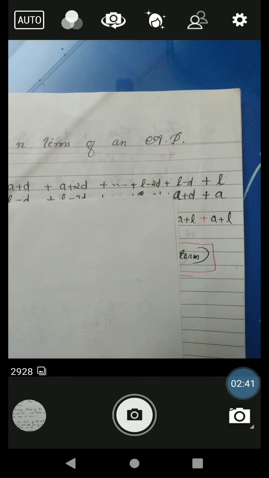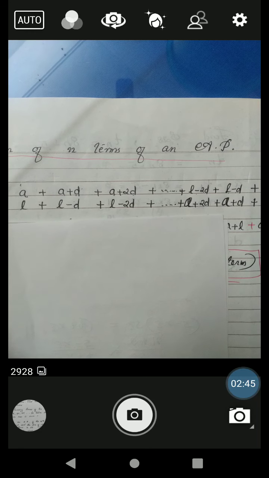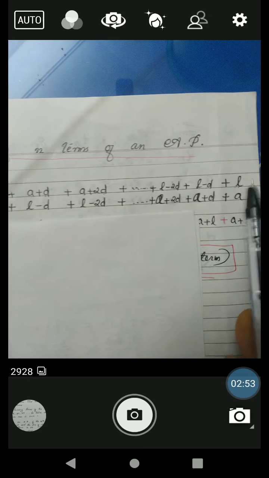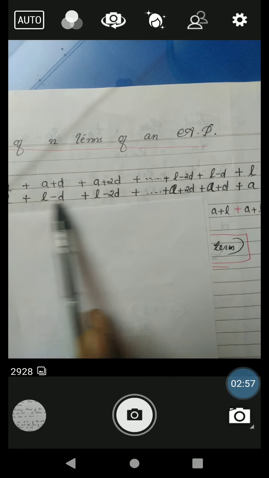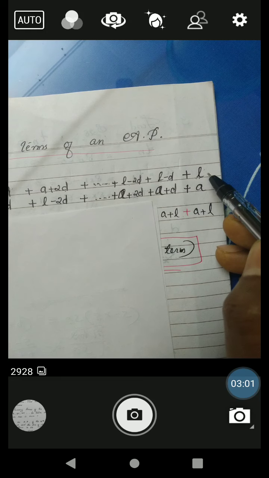Now, the same thing we can write in reverse order. That is S, the sum of n terms, Sn or S, just the same thing in reverse order, last to first. Now you get two equations, 1 and 2. You just add these two equations.